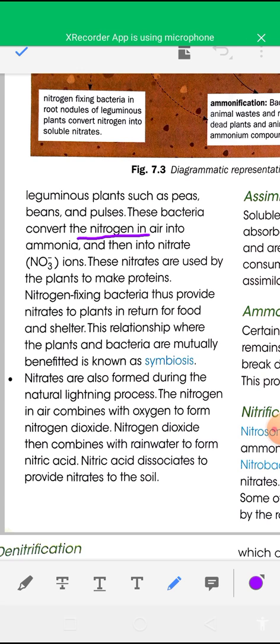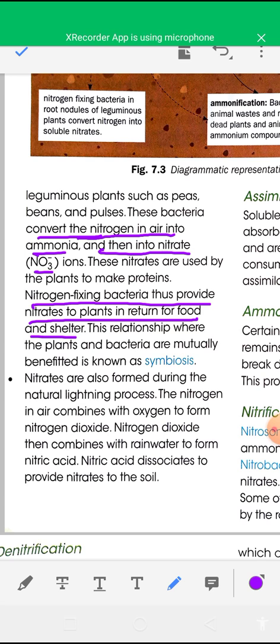Nitrogen fixing bacteria convert nitrogen into ammonia, and then ammonia into nitrates. These nitrates are used by the plant to make proteins. Nitrogen fixing bacteria thus provide nitrates to the plant in return for food and shelter.